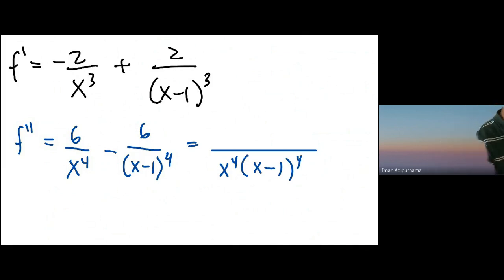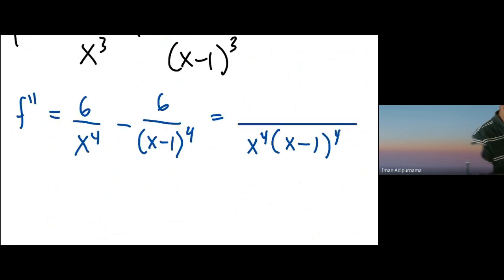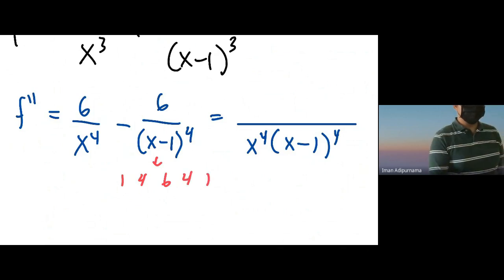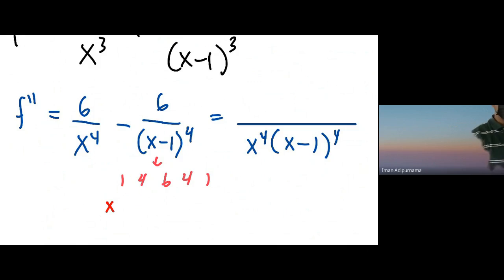If you want to do some expansion for this, it will be 1, 4, 6, 4, 1, right? So it will be x to the power of 4, and then plus 4x cubed minus 6x squared plus 4x minus 1.